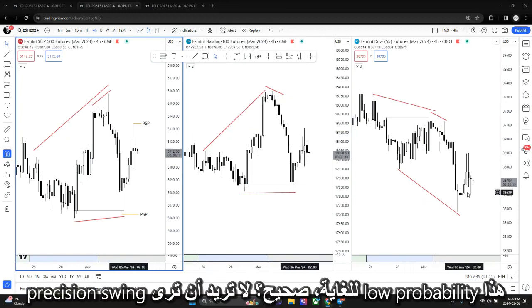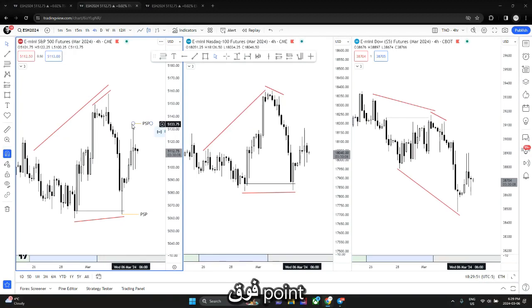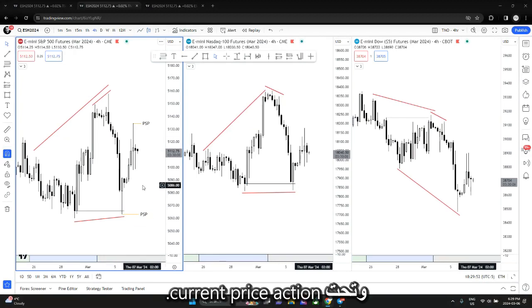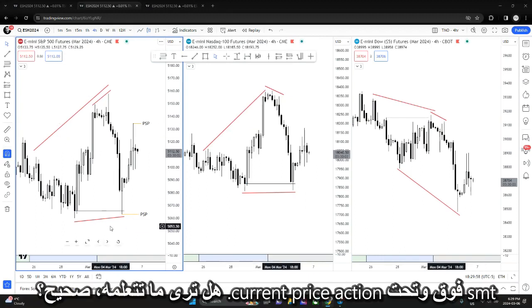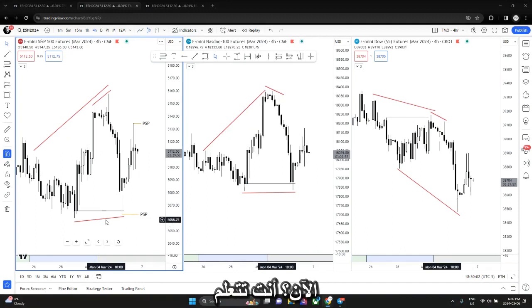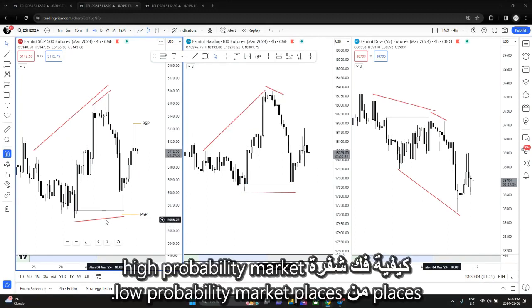This is extremely low probability. You don't want to see a precision swing point above and below current price action. You don't want to see sequential SMT above and below current price action. Do you see what you're learning right now? You're learning how to decipher high probability marketplaces from low probability marketplaces.